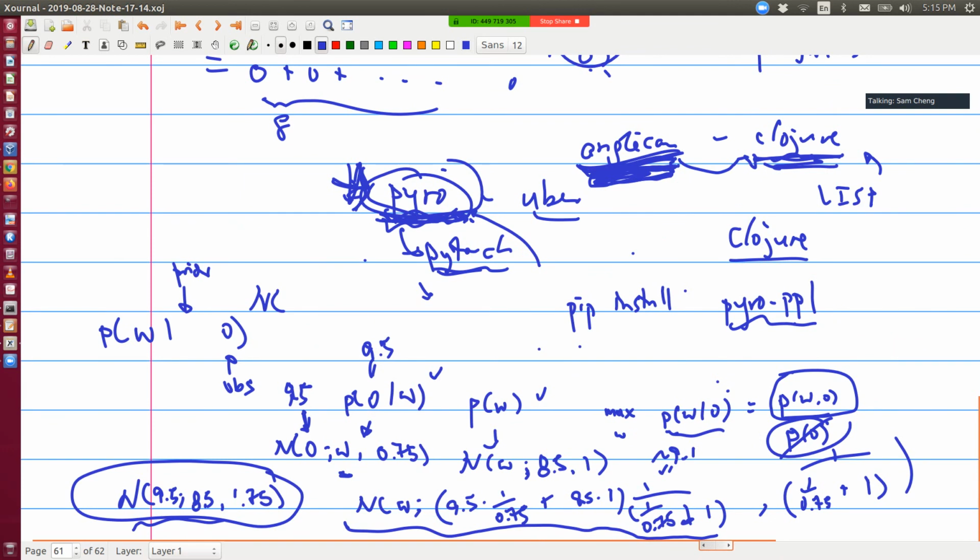That's the P(W). Okay, so how do we get the maximum? The maximum is the mean, because it's a Gaussian distribution. So therefore it's 9.1, right? For this guy, the maximum is just the mean.